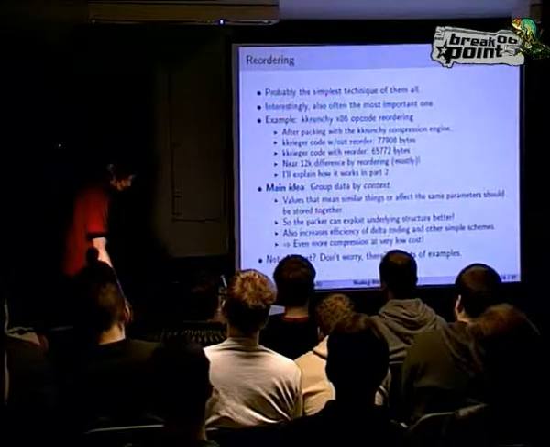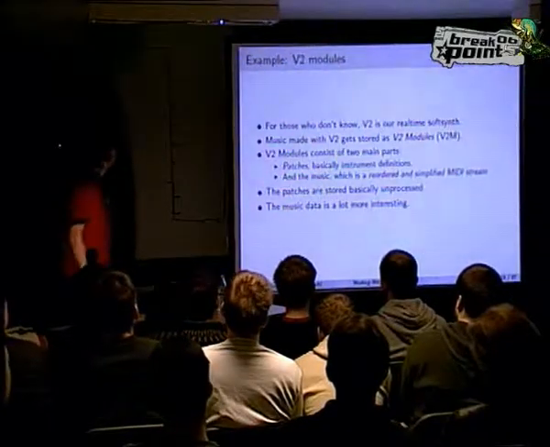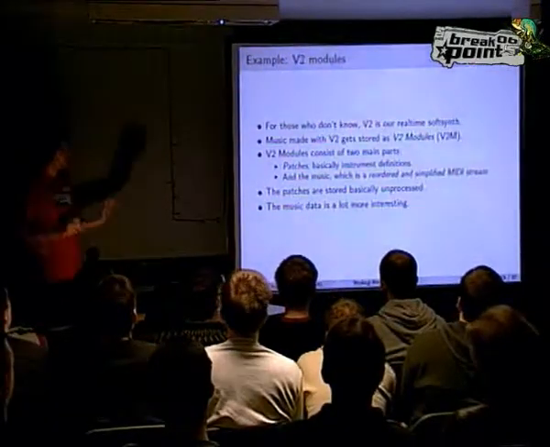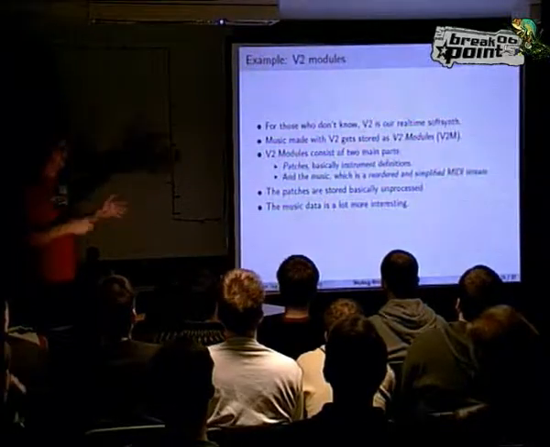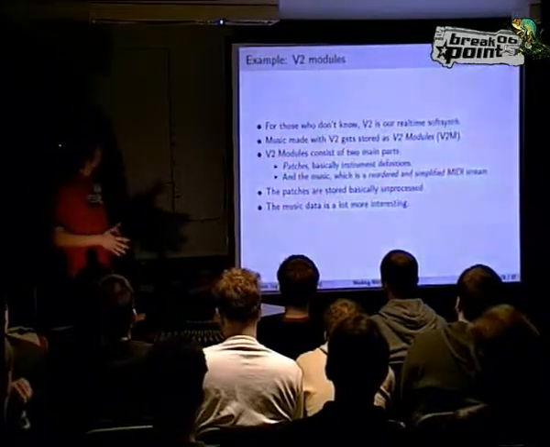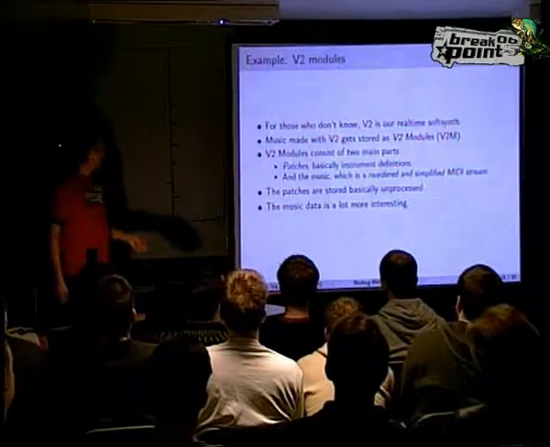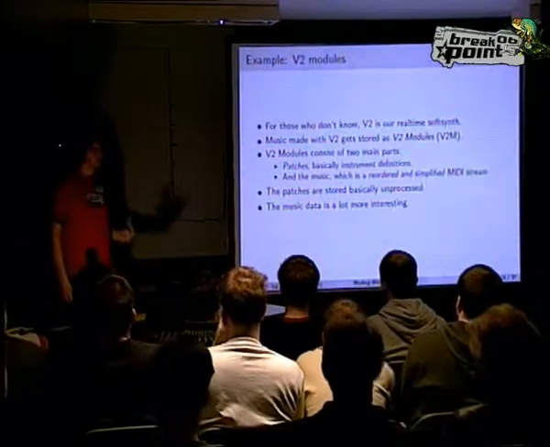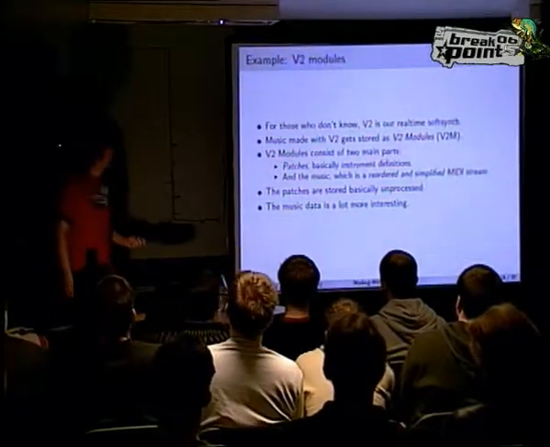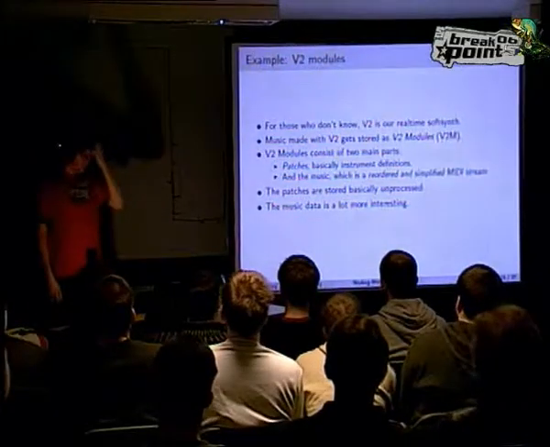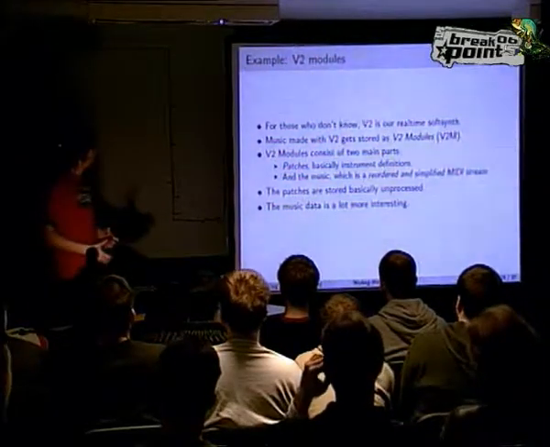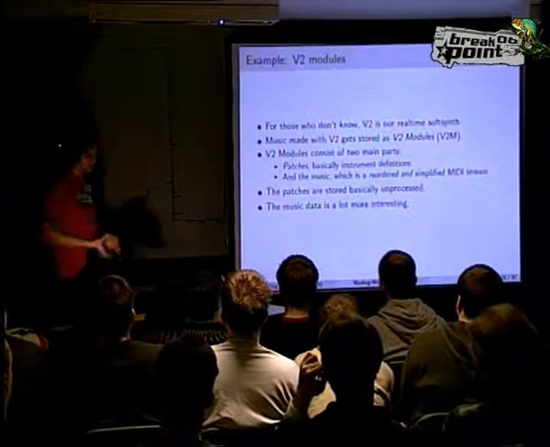And a big example now, which is the V2 modules. For those of you who don't know, V2 is the Farbrausch synthesizer, or real-time synthesizer, which we use basically in all kinds of intros and even some demos since FR8. So music you do with V2 gets stored as so-called V2 modules or V2M files.